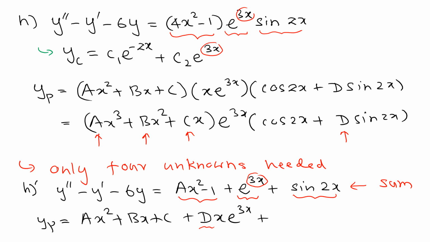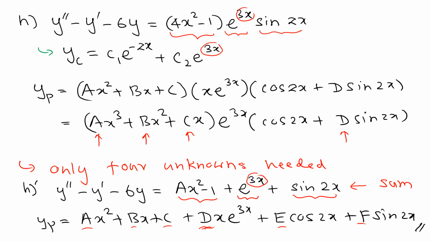So it's going to be e cosine 2x plus f sine 2x, and you can see that we have so many unknowns here: 1, 2, 3, 4, 5, 6 unknowns in this case, if you have a sum instead of a product. So you see the difference between the two now.